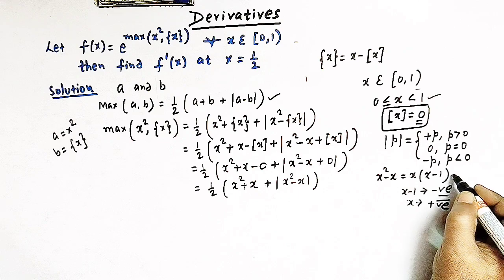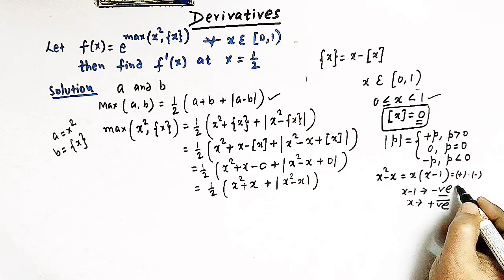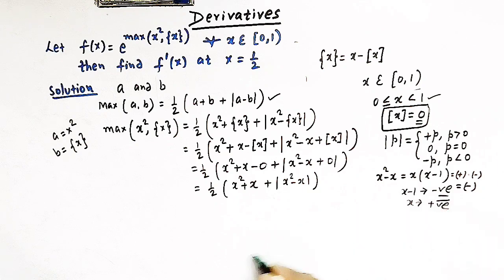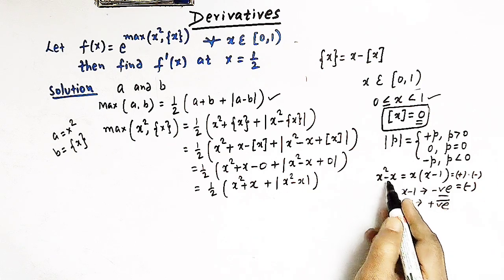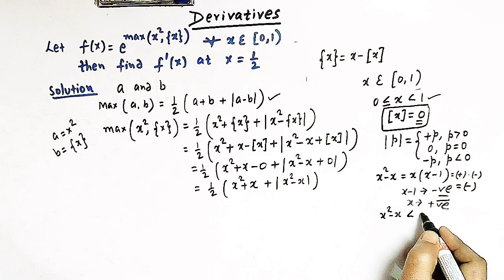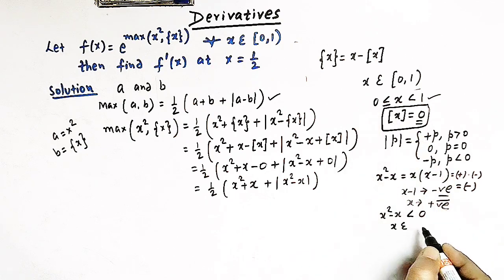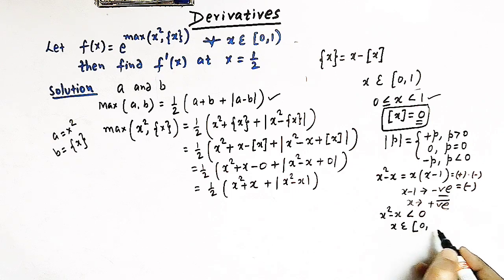So here we can write positive times a negative, so this becomes a negative, right? So x square minus x is always going to be less than 0 for all x belonging to this interval, that is [0, 1), right?